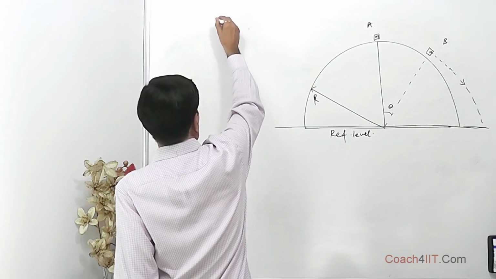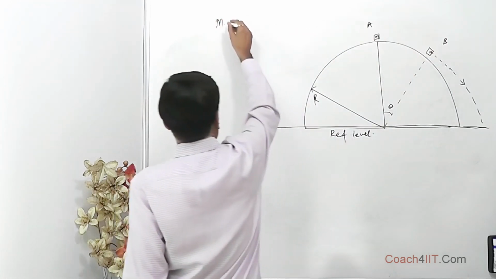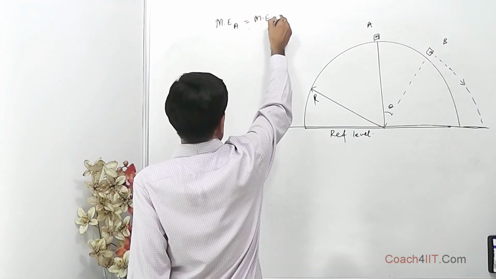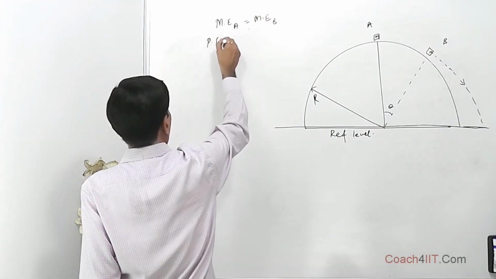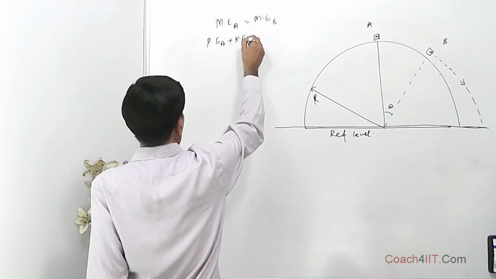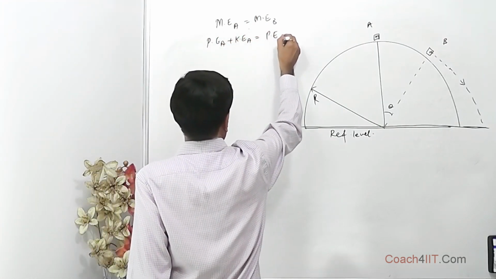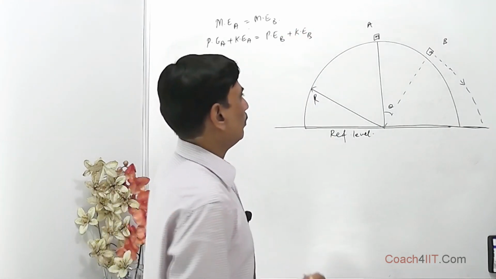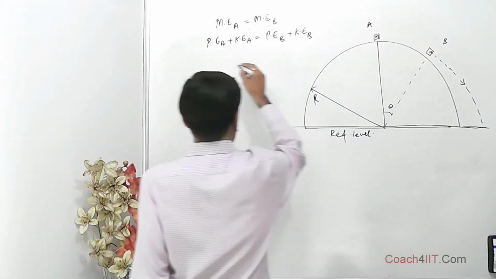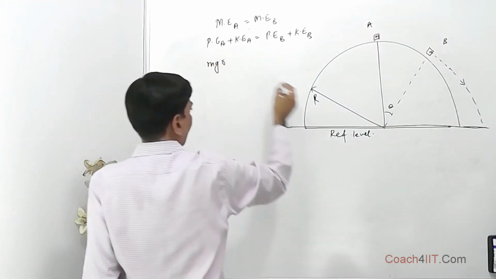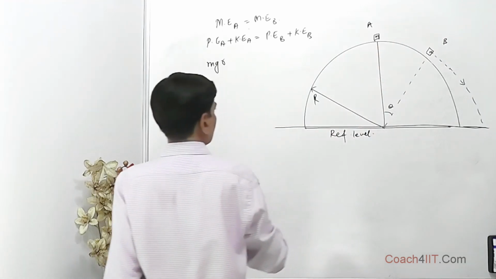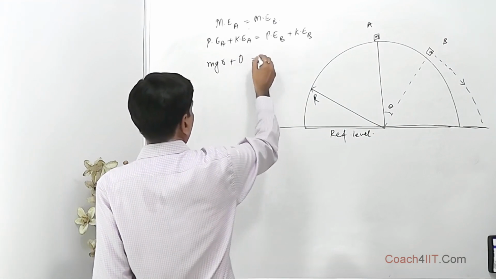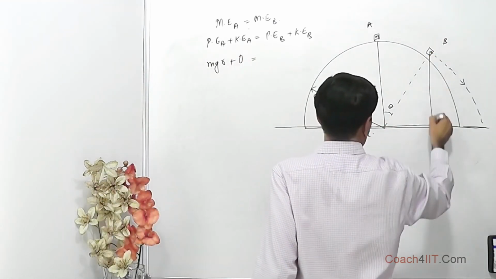To find velocity in a vertical circle, we use the conservation of mechanical energy principle, that is, mechanical energy at A is equal to mechanical energy at B. It means potential energy at A plus kinetic energy at A is equal to potential energy at B plus kinetic energy at B. The potential energy here is mgr, where r is the radius of the surface, plus kinetic energy, speed is 0, so half m 0 square is 0, is equal to potential energy at B. What is this height?